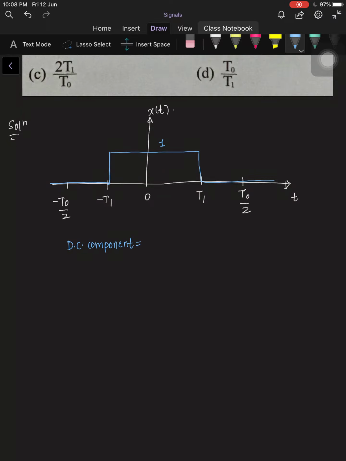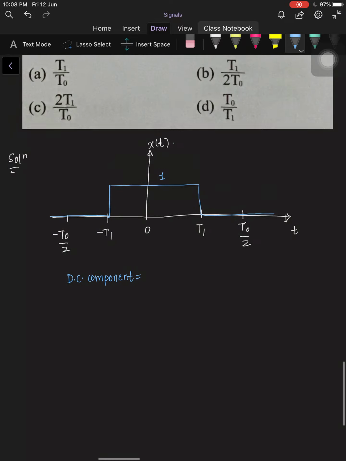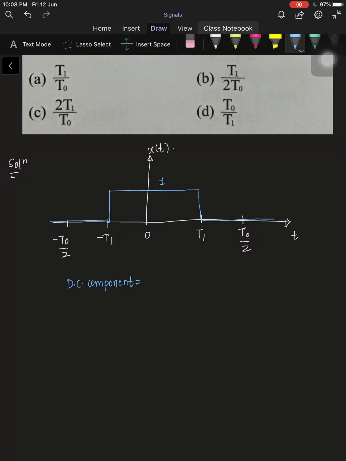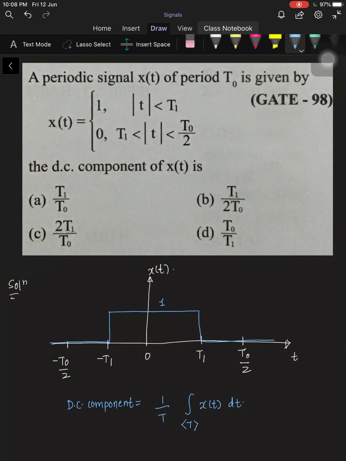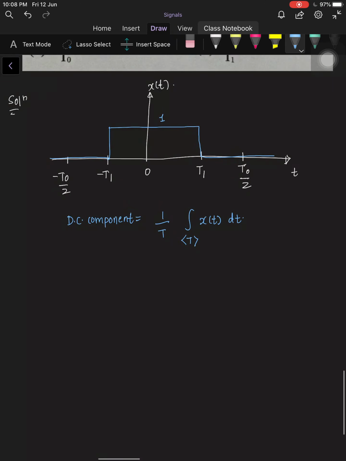For any periodic signal which can be represented through the Fourier series, it is given by 1 by T, again for one period, x of t dt. Or in other words, we can say that the DC component is also equal to 1 by T times the area under one period.